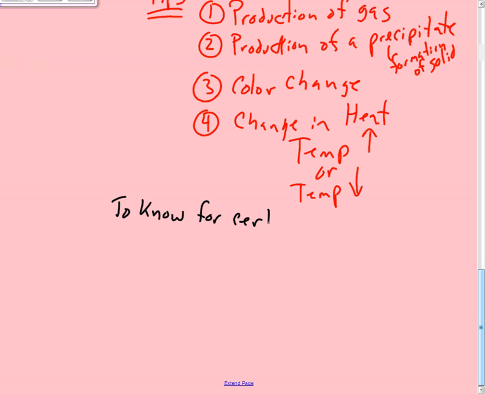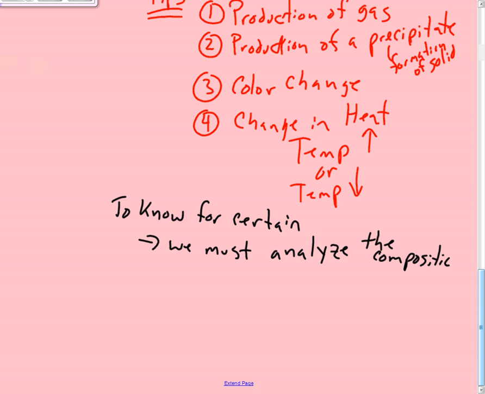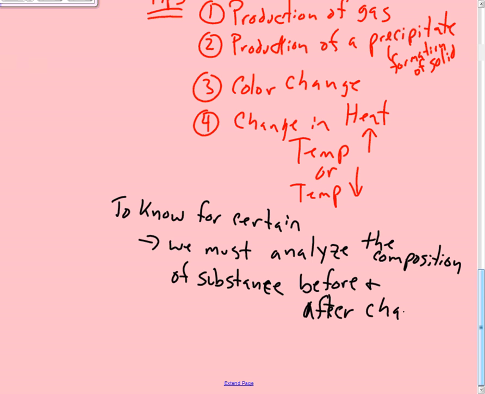To know for certain if a chem change occurs, we must analyze the composition of the substance before and after the change.